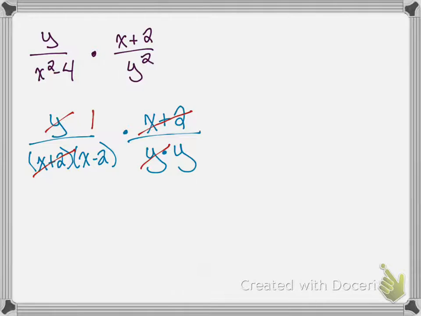I'm left with 1. Okay? That's the second issue that students come up with in this chapter. When they cancel everything out, they forget that they're left with 1. So I have 1 over x minus 2, because here's my x minus 2 right here.